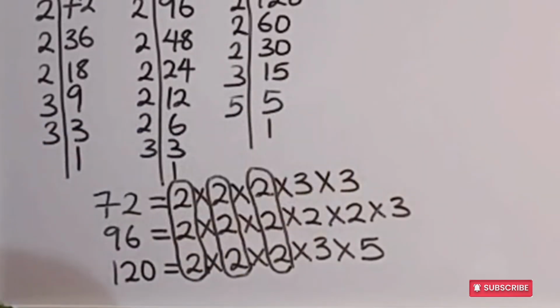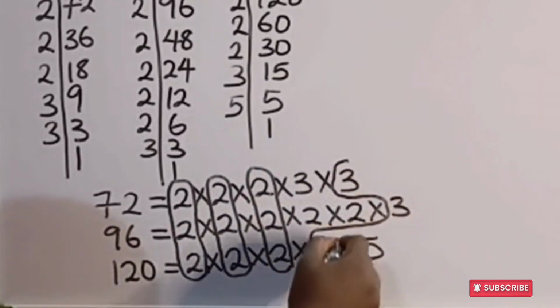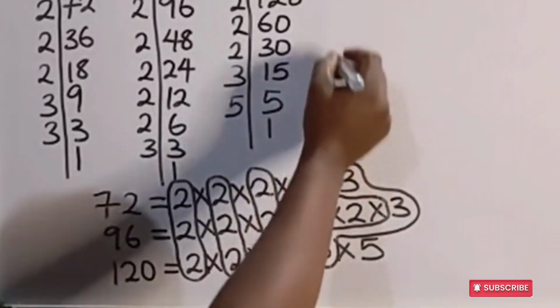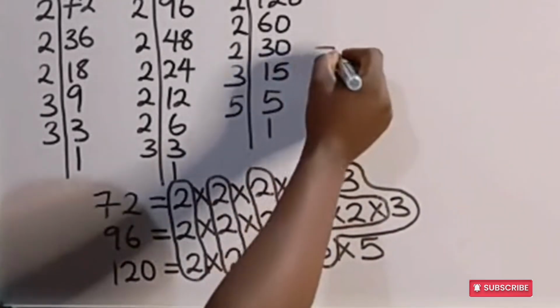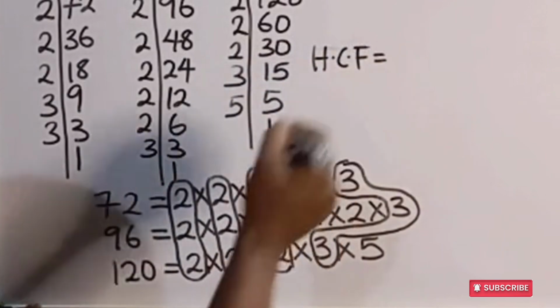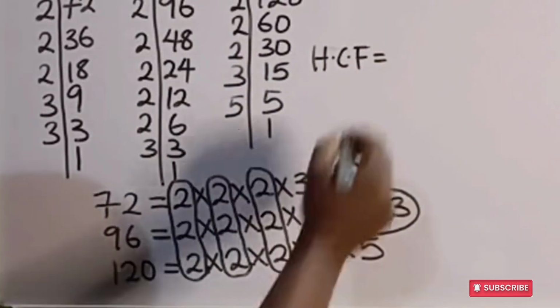So 3 is common. So that means we have, I'm going to write it here because there's no space down there. So we have HCF is equal to 2 multiplied by 2 multiplied by 2 multiplied by 3.